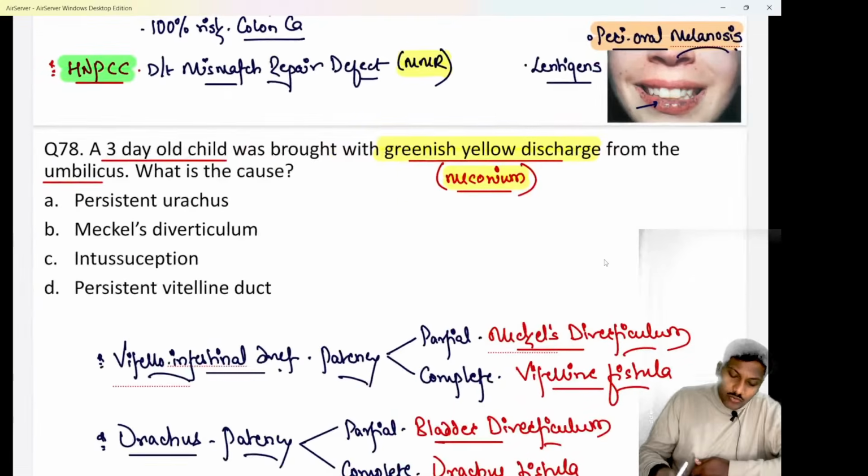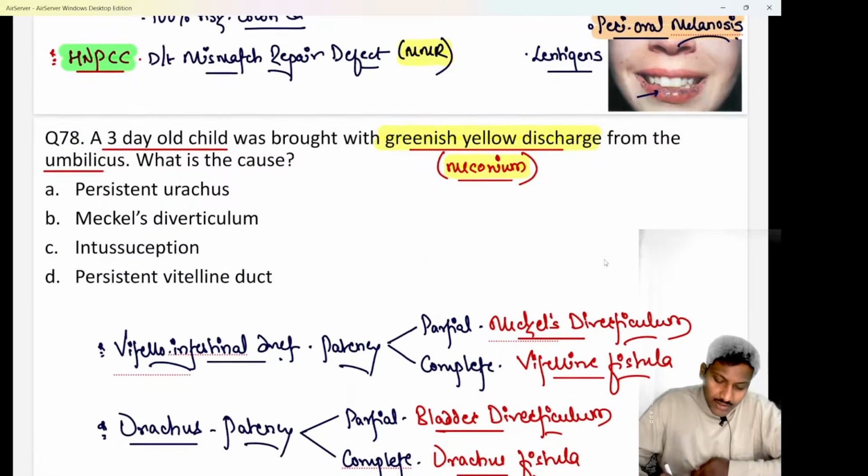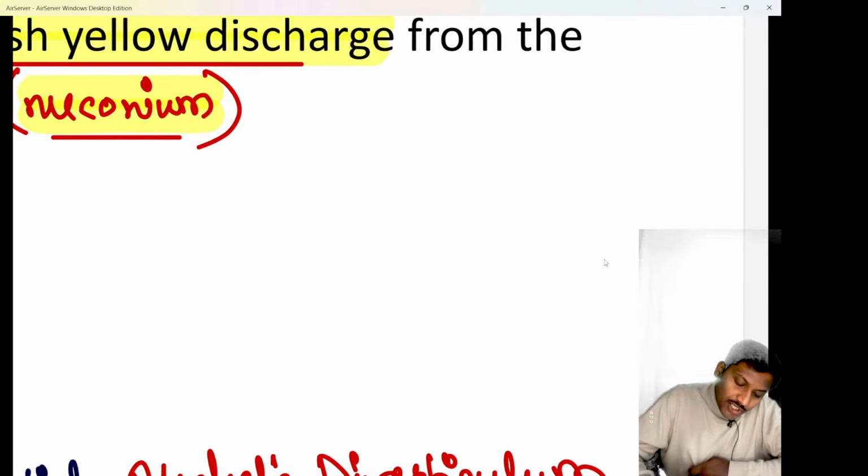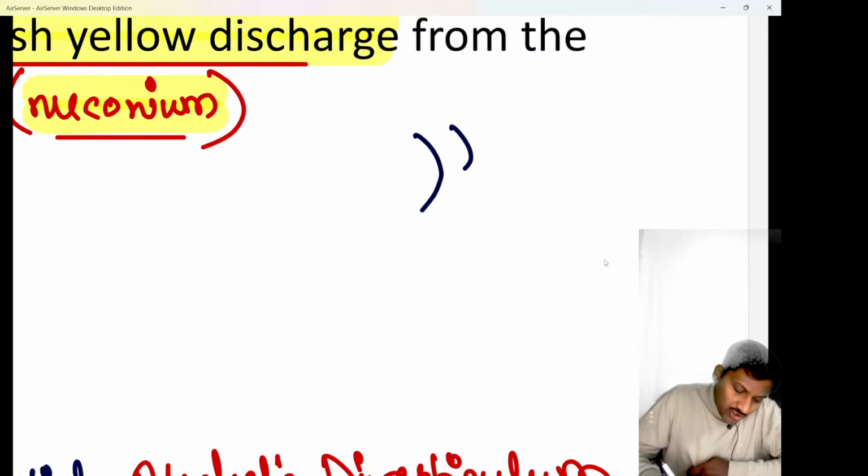And we know, when will meconium come out from the baby's umbilicus? Meconium will come out from the umbilicus if the gut or the GI tract is connected to the umbilicus. I hope all of you are quite aware, during the fetal life, there is a connection between the midgut and the umbilicus, and that connection is known as the vitellointestinal duct or the omphalomesenteric duct.